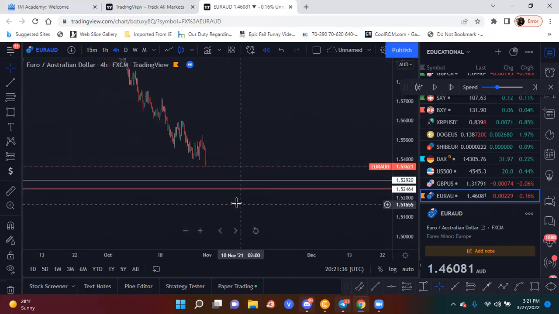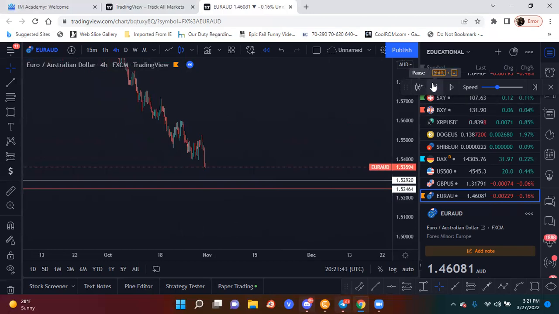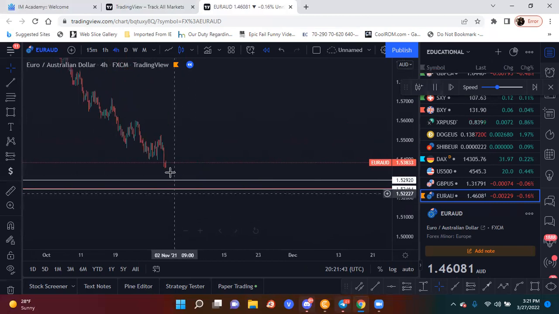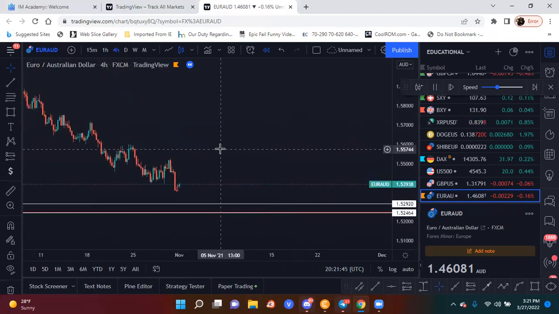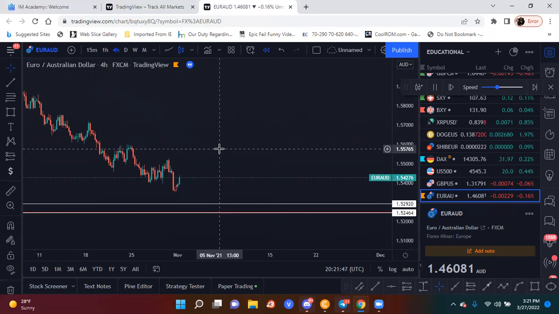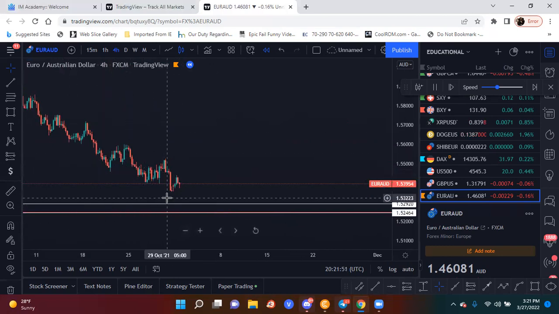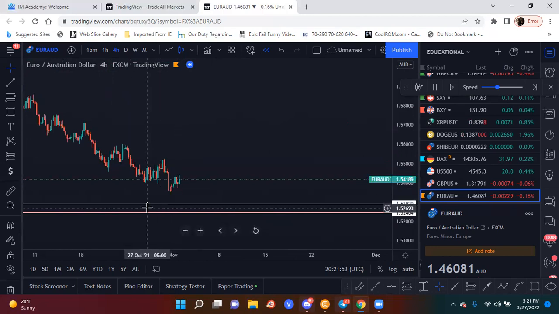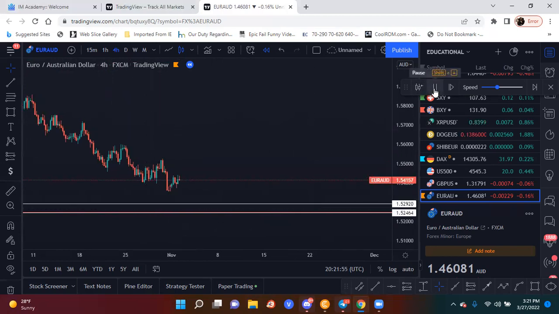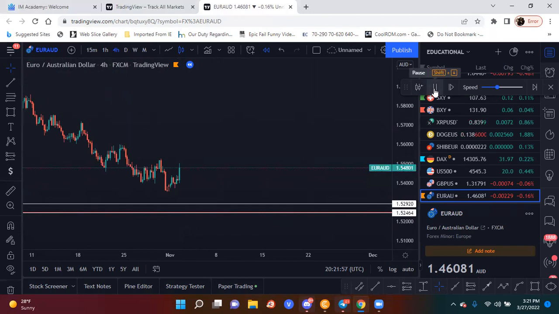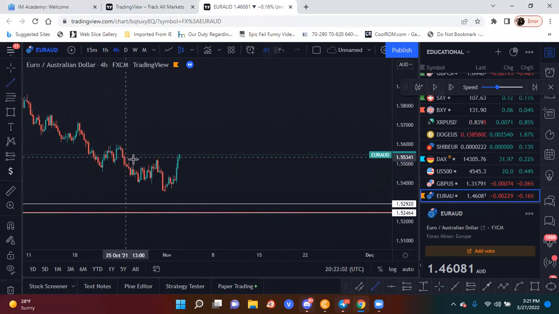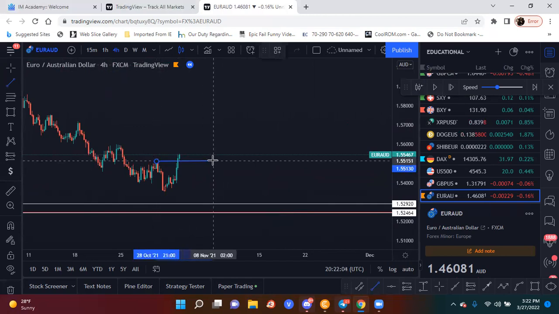Because once it taps the demand zone, it's gonna accumulate orders down there. Let's see if it goes to that zone. Look like it wants to start. It's making divergences. So we have a breaker structure right here.